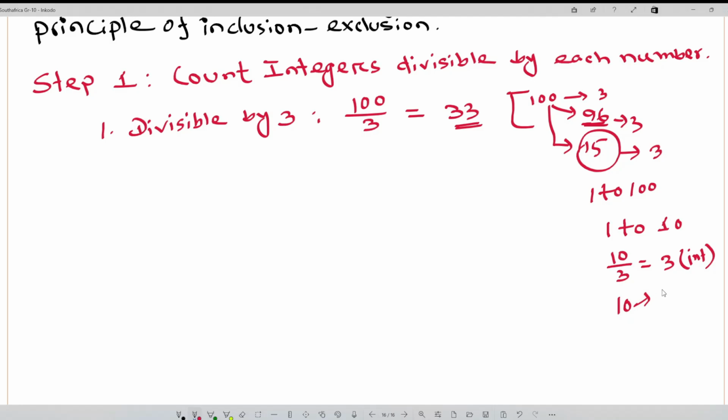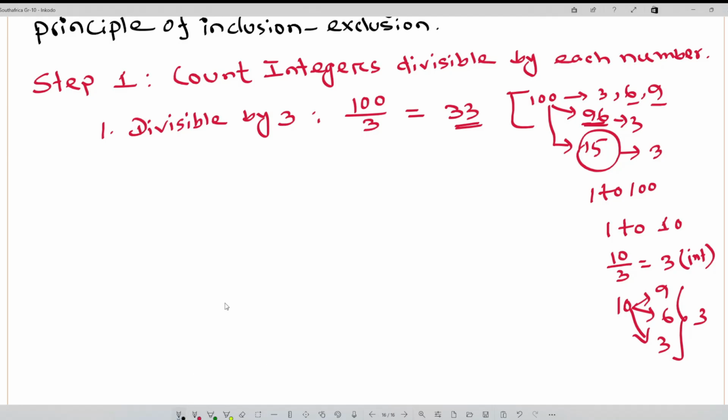We can divide 9, we can divide 6, and we can divide 3. So here there are 3 numbers. Similarly, 100 divided by 3, we get 33 because this is an integer, and 33 like 3, like 6, like 9. So this 6 and this 9 we can divide by 3.